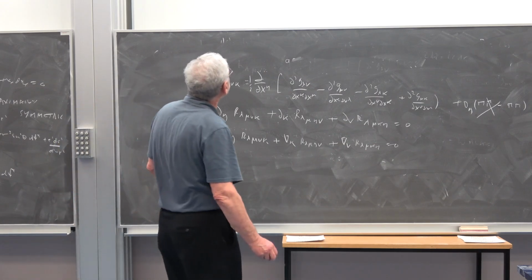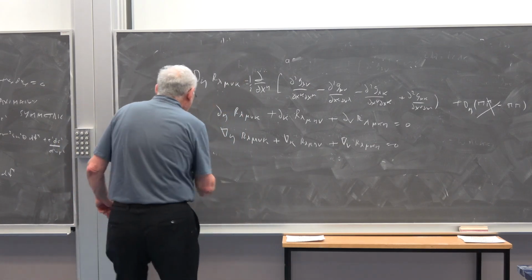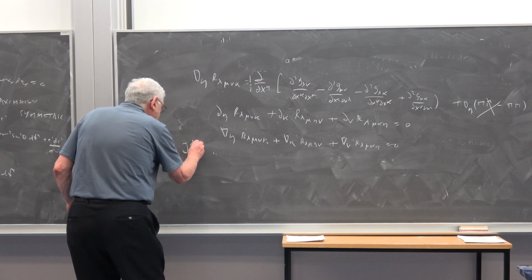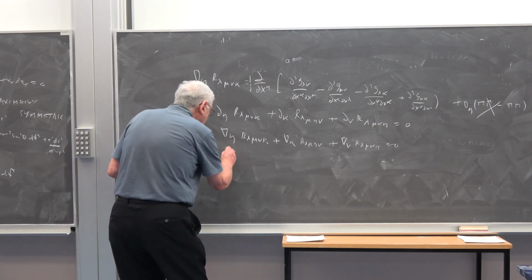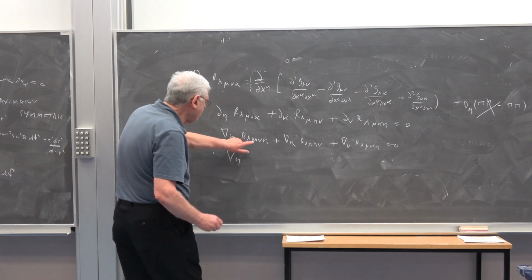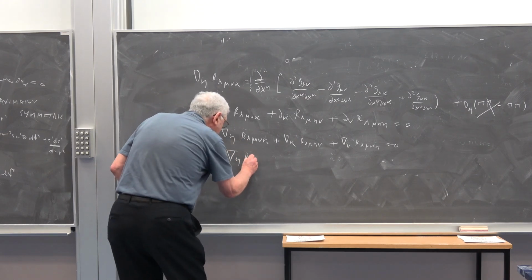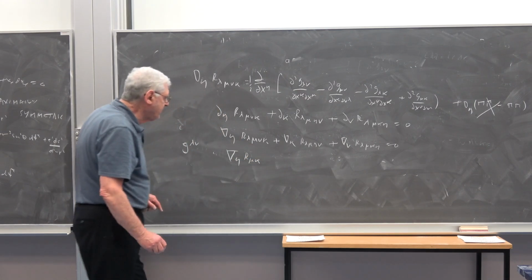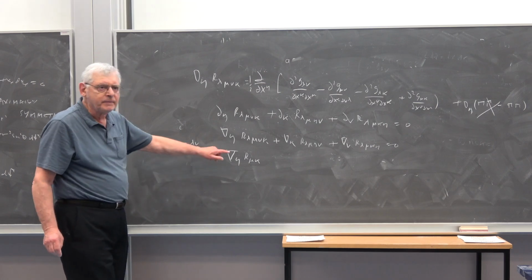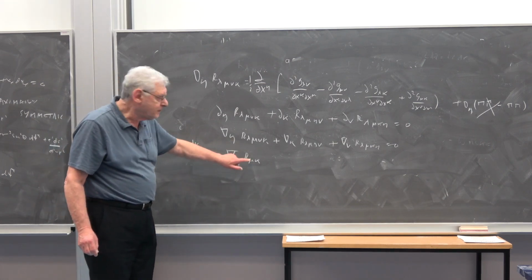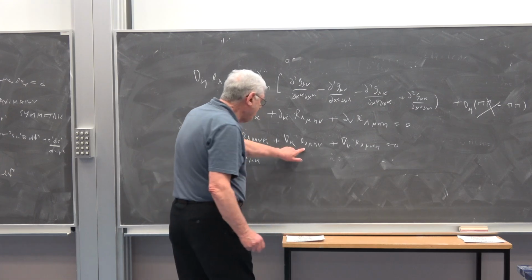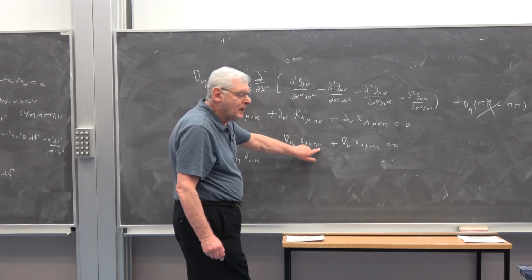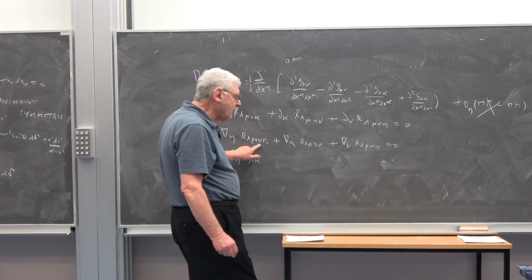Having got that expression, I now multiply by g lambda nu. When I multiply by g lambda nu, I get grad eta R mu kappa. That's the definition of the Ricci tensor: the lambda nu contraction of the Riemann tensor. Now I've got a lambda here and a nu there, but I need the lambda to be 1 and 3.